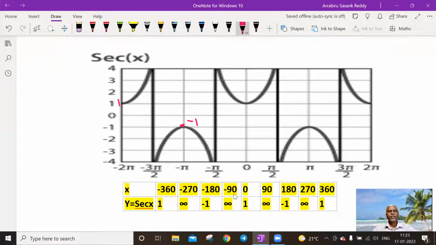And minus 90 is infinite. 0, this is plus 1, this point. And 90 is infinite. 180, this point is minus 1.